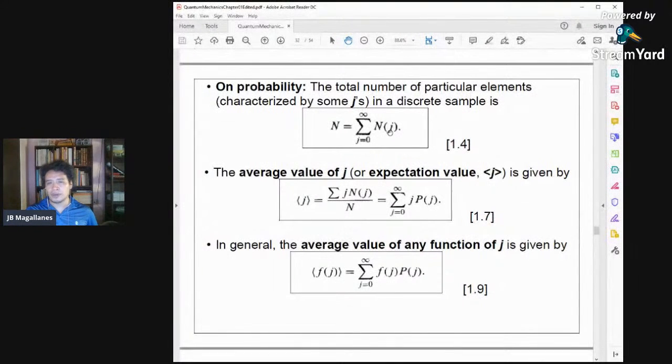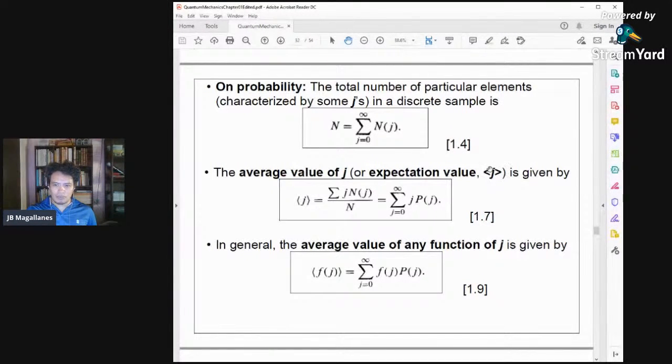For example, the weight, the height, the age, the grade. So whatever is an important characteristic would be placed in j. The average value of j, or the expectation value, is denoted by this symbol.